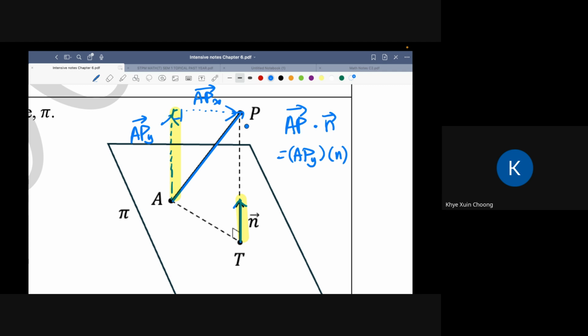The magnitude of APY is actually equal to the length of PT. So if you manage to find APY, you manage to find the shortest distance.